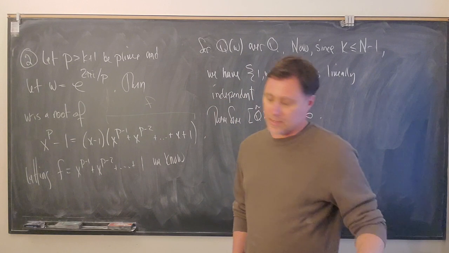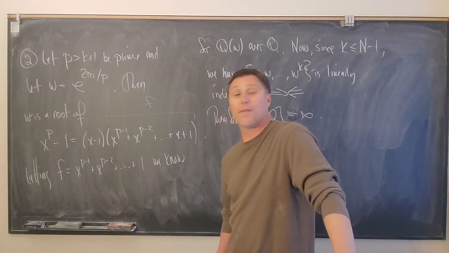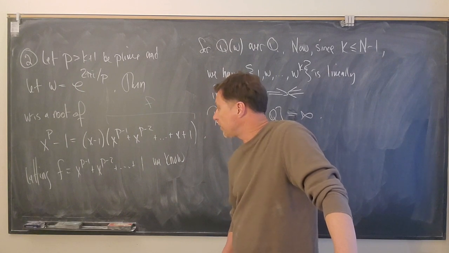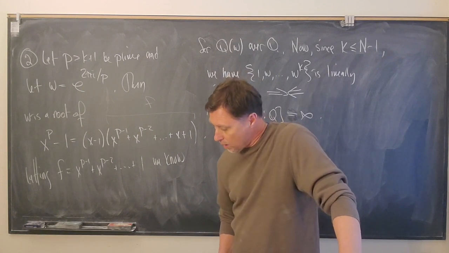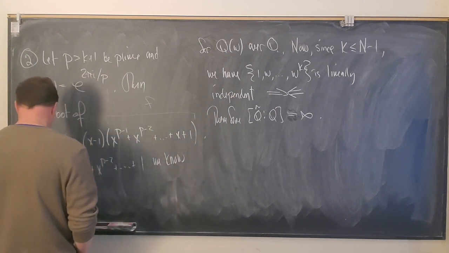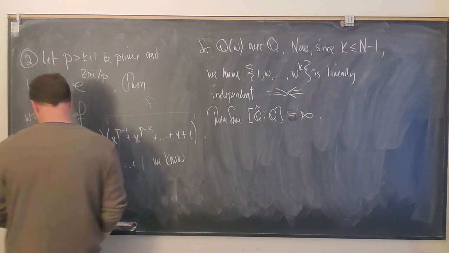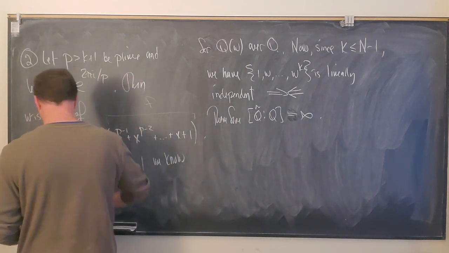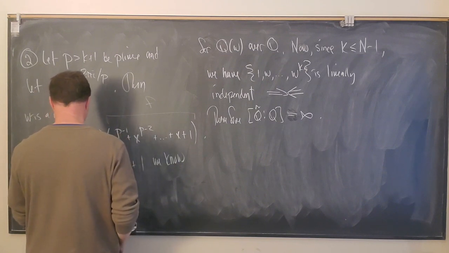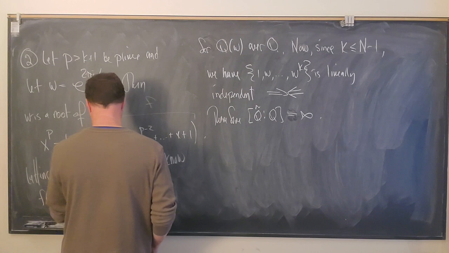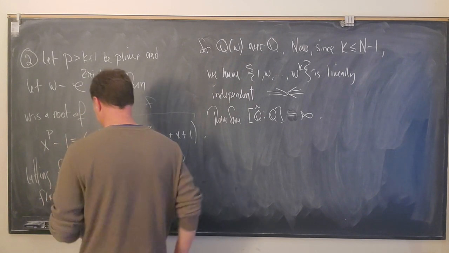I know some of you did not take my Math 482 class, so you may not have done this homework problem, but we know that f of x plus 1 is irreducible over Q by Eisenstein.